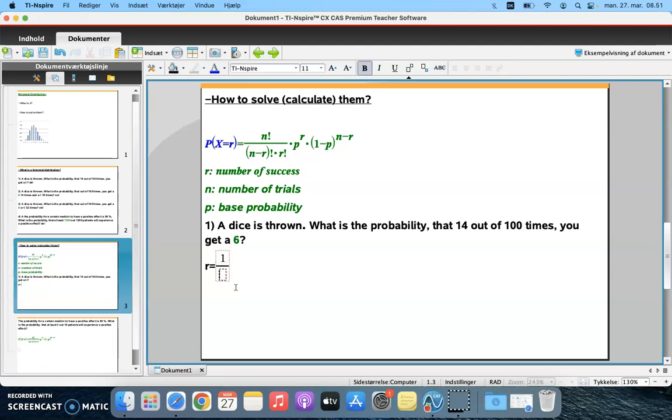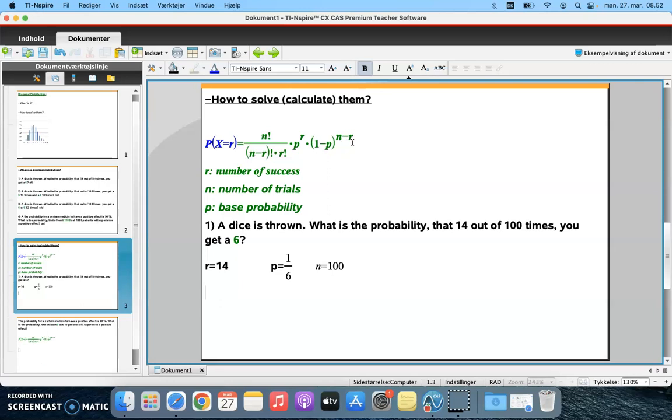That is 1 out of 6. That is the base probability, right? So r means, how many times do you want the success? And it says 14. And finally, you have the number of trials. How many times do we throw the dice? It's 100 times.